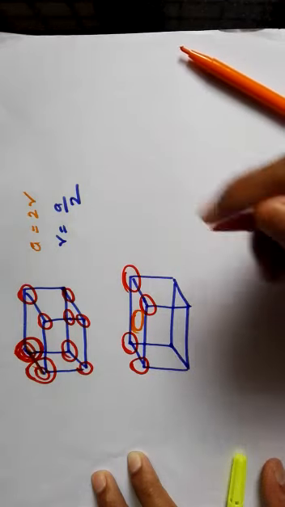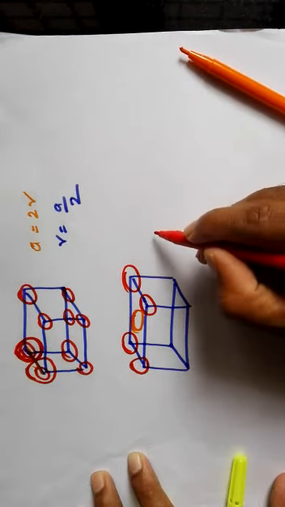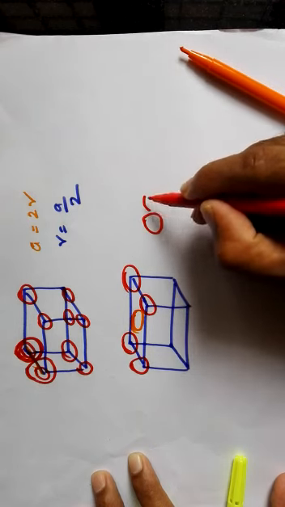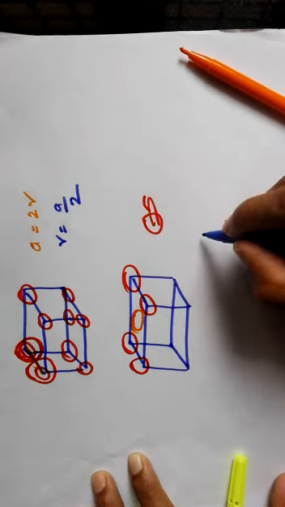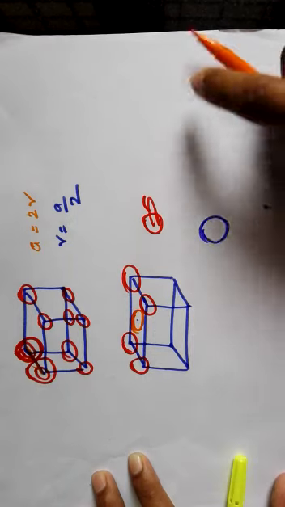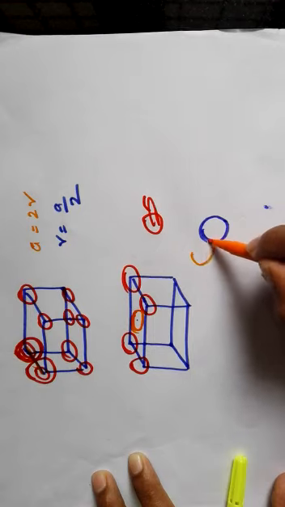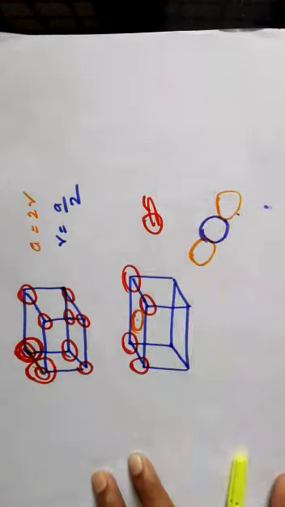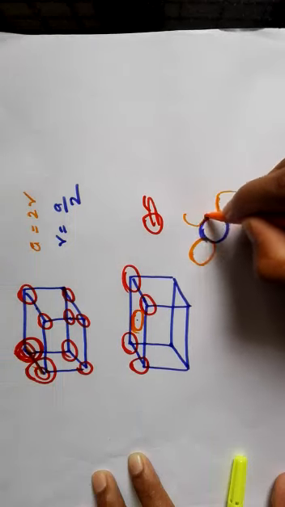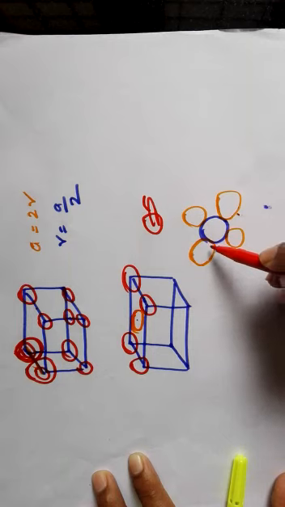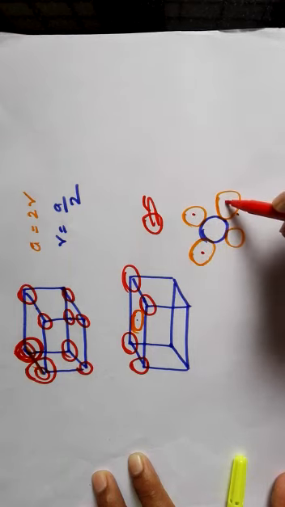Therefore, let me introduce four particles: this is the particle in the center of the face, and these are the particles at the corners. Corner particles are not touching each other. Look at their centers.